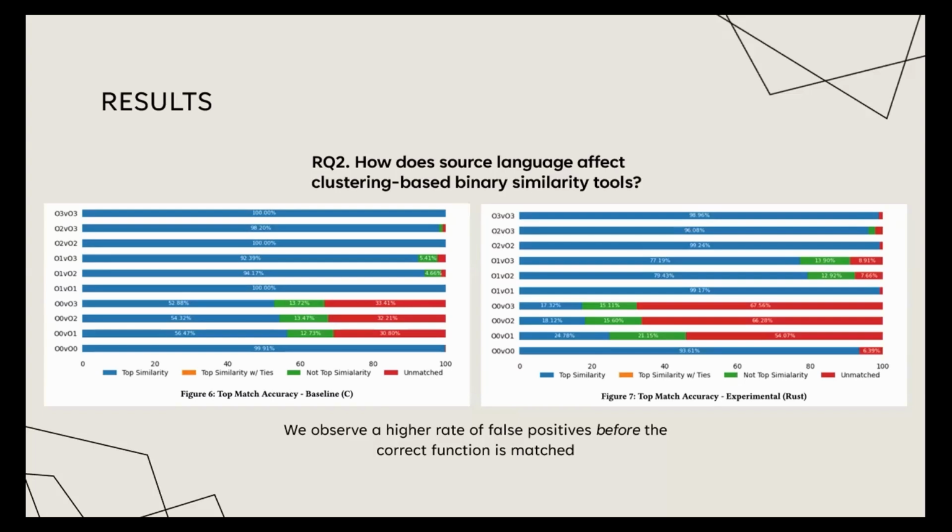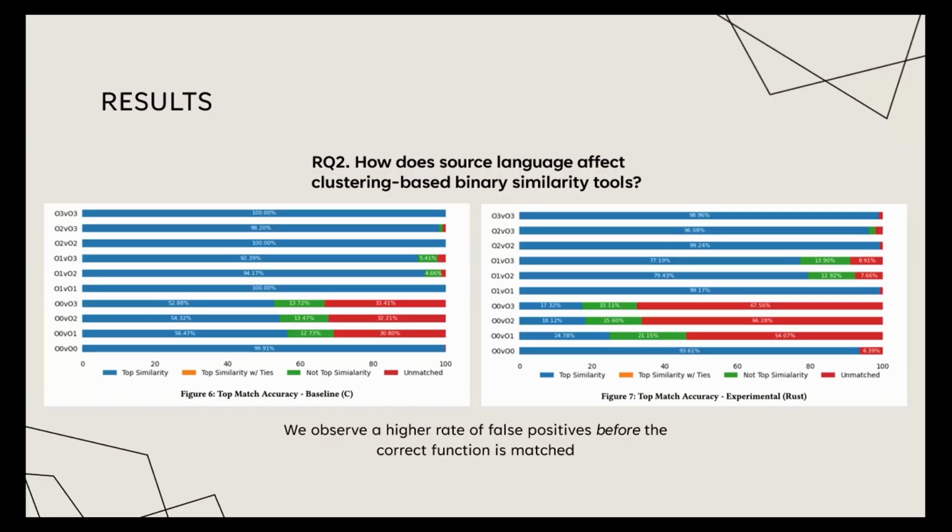The O0 case is tricky because O0 in Rust is effectively a debug build, so we would expect a great difference between O0 and O1. But if you look at the O1 to O2 and O1 to O3 lines, on the Rust side we see a number of cases where BSIM returns the correct symbol, but it isn't the top similarity.